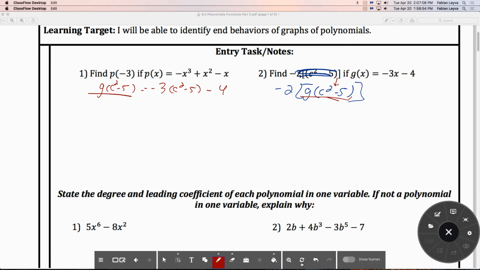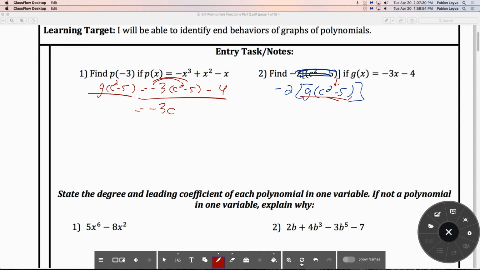Now, g of c squared minus 5 is what you're looking for. Let's start using our PEMDAS. Is there any work I can do inside those parentheses? No, right? Because it's just c squared minus 5. You can't combine those. Is there any exponents? Technically, but can you simplify c squared any way, shape, or form? No. So let's go to multiplication. Let's distribute that -3.